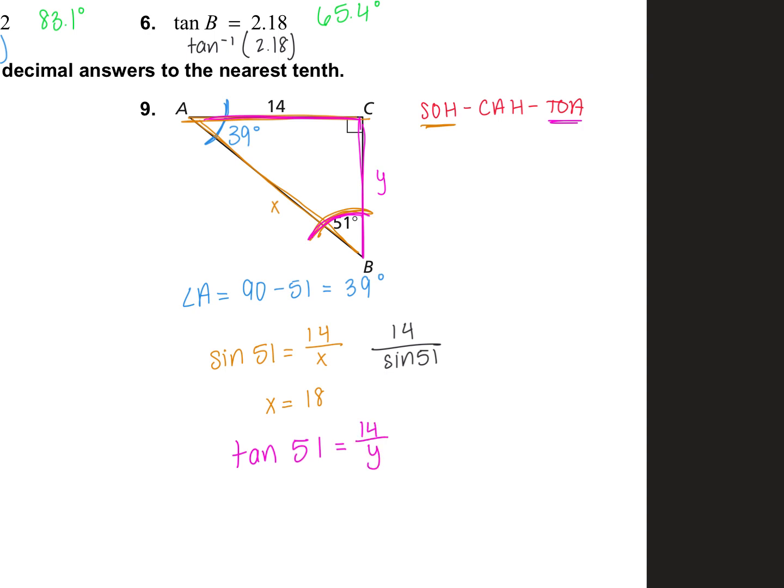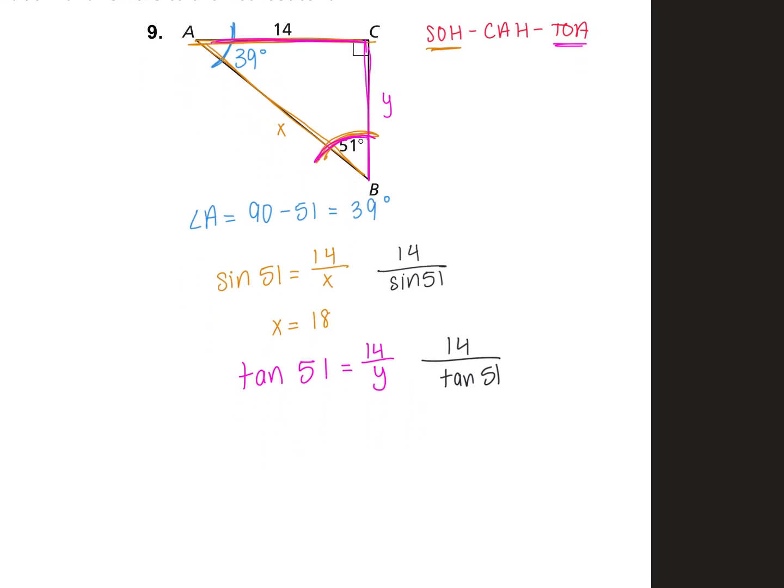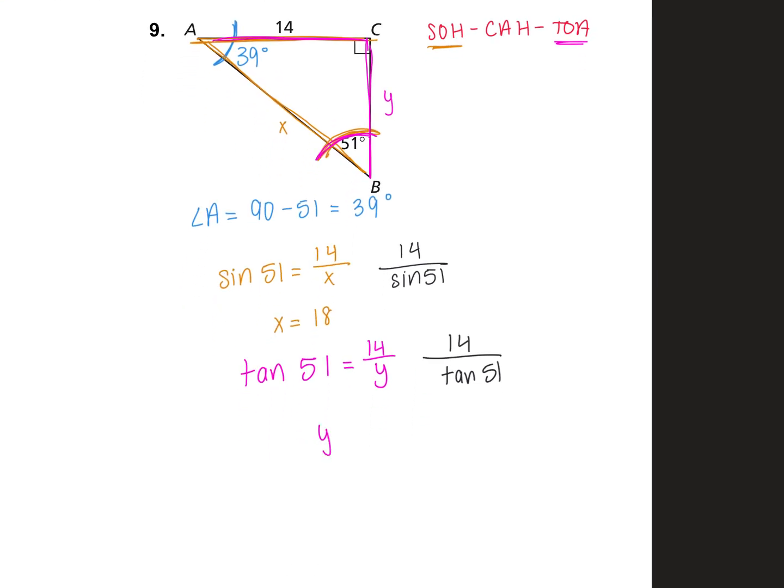Same thing as before, I'm going to plug it into my calculator as 14 over tan 51. If you plug that in correctly, y is going to equal 11.3, and you're done. So this one is 11.3, and this one's going to be 18.0.